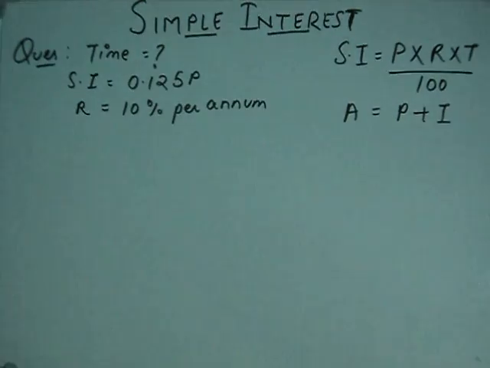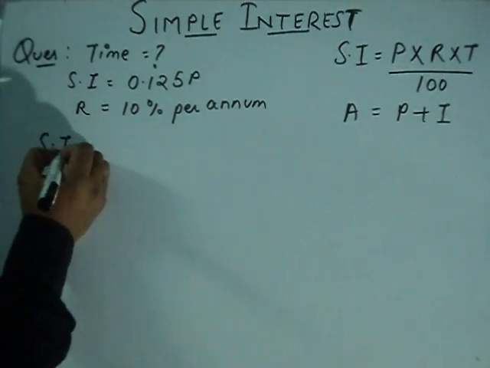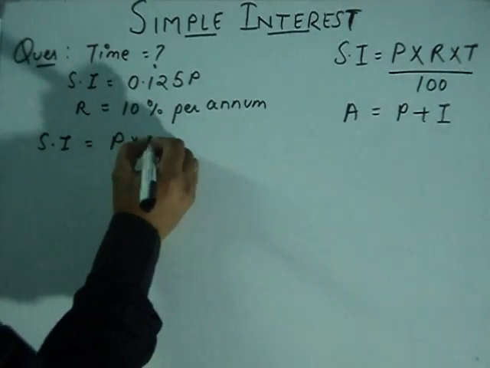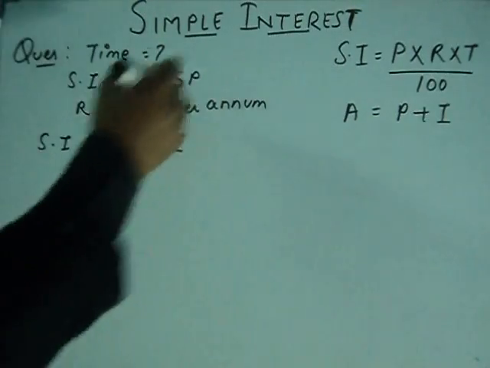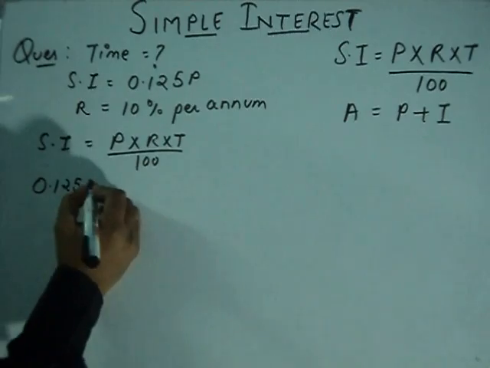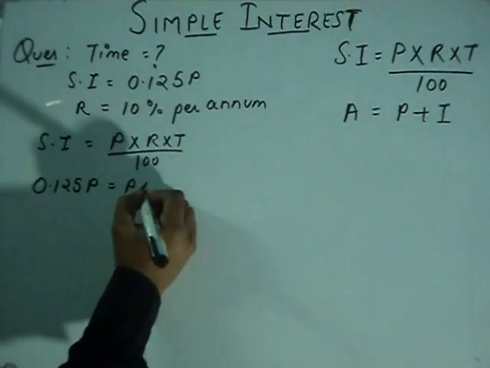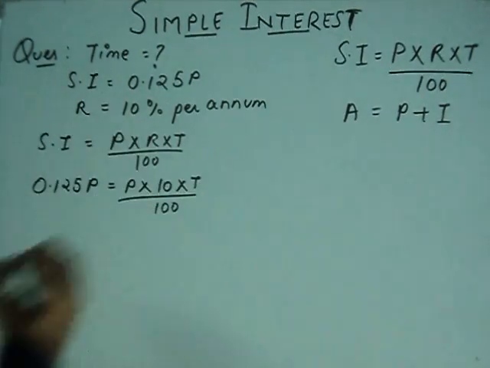This question can be solved by two methods, by a trick or by simple formulas. Suppose we have the formula: simple interest is the product of these three values divided by 100. Substitute the corresponding values: 1 by 5 P times 10 times time, over 100.